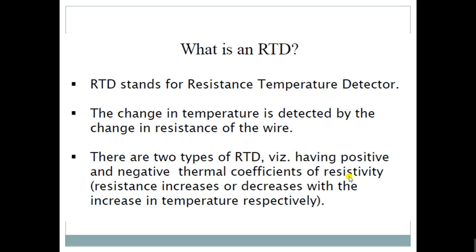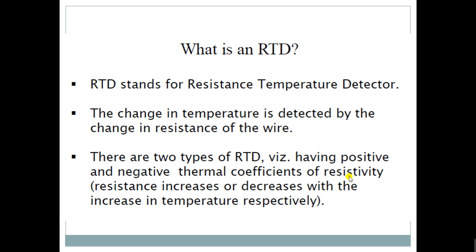Physical environment means temperature, pressure, level, weight, etc. The transducer converts variations in a physical quantity to an electrical signal. In a similar way, this RTD converts temperature in terms of resistance. That resistance value is converted into voltage, and then it is displayed on a display.